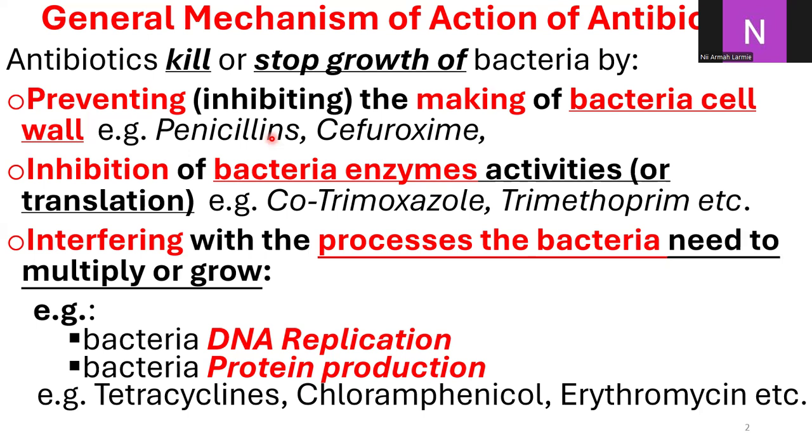Bacteria must synthesize proteins in order to grow and multiply. And so it uses enzymes, which are known as biological catalysts, to go through reactions to create the proteins. We have antibiotics that are able to interfere with the protein synthesis.